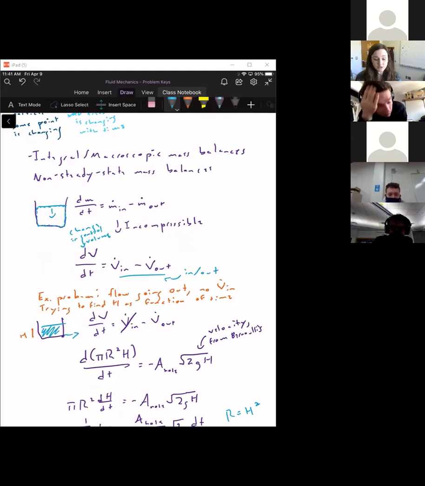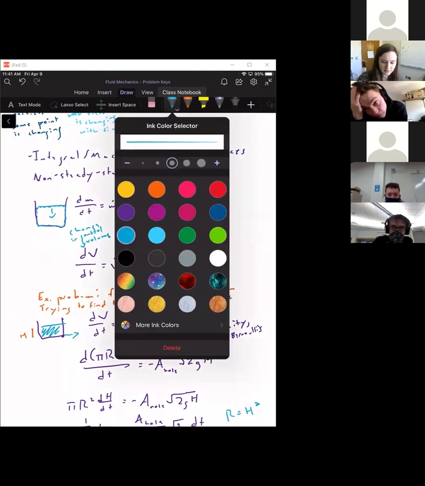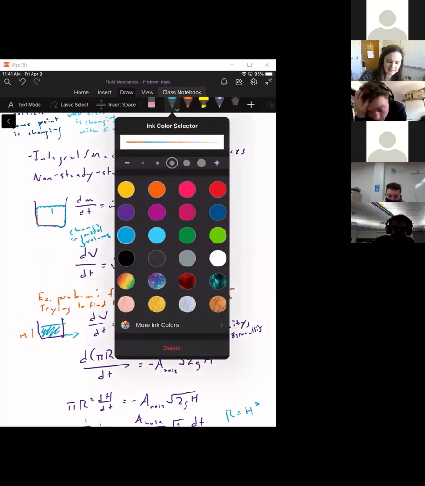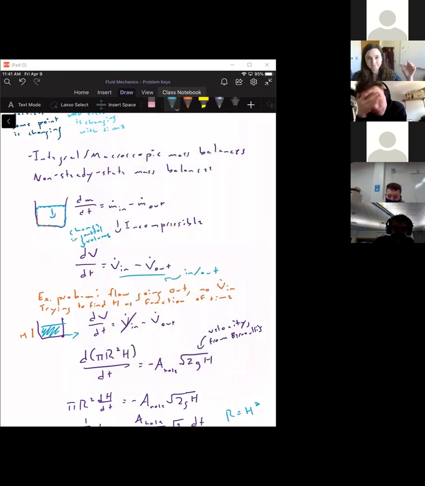Now, you could try to do something where you defined a fixed control volume as like right here, and over time it would, anyway, it would be harder. Just think of that as accumulation.